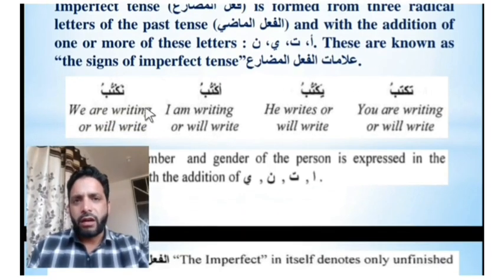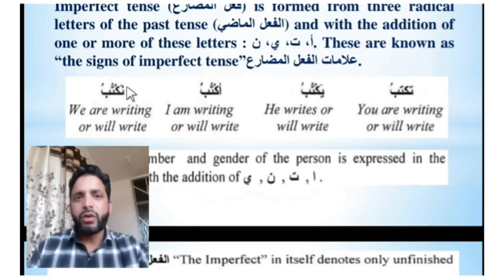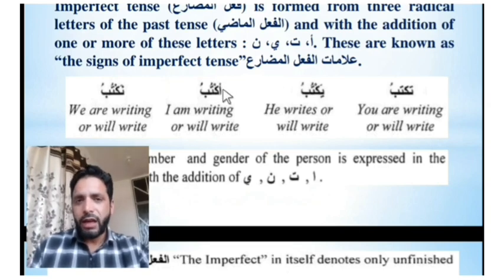So see here how we add noon. Naktubu, we are writing or we will write. I added this noon before kataba and it became naktubu, a fi'l mudari. And this noon is the harf al-mudari, alamat al-mudari. Then aktubu, this hamza, this alif, is alamat al-mudari.